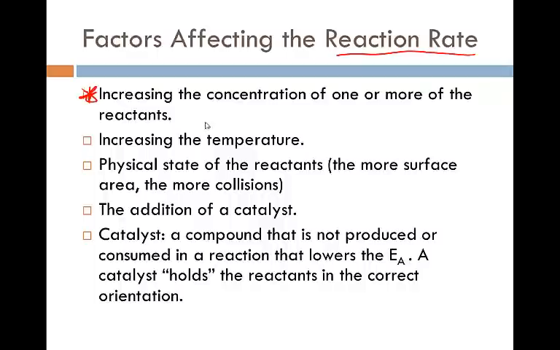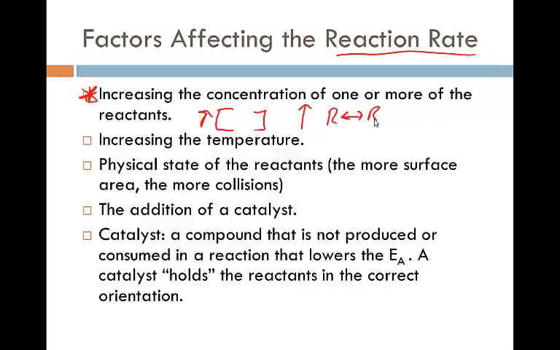And what increasing concentration does is increase the likelihood that reactants meet other reactants. So we're making the beaker, or wherever we're going to do this reaction, more crowded, if you will, in terms of the amount of reactants present. And that will increase the number of product-producing collisions.